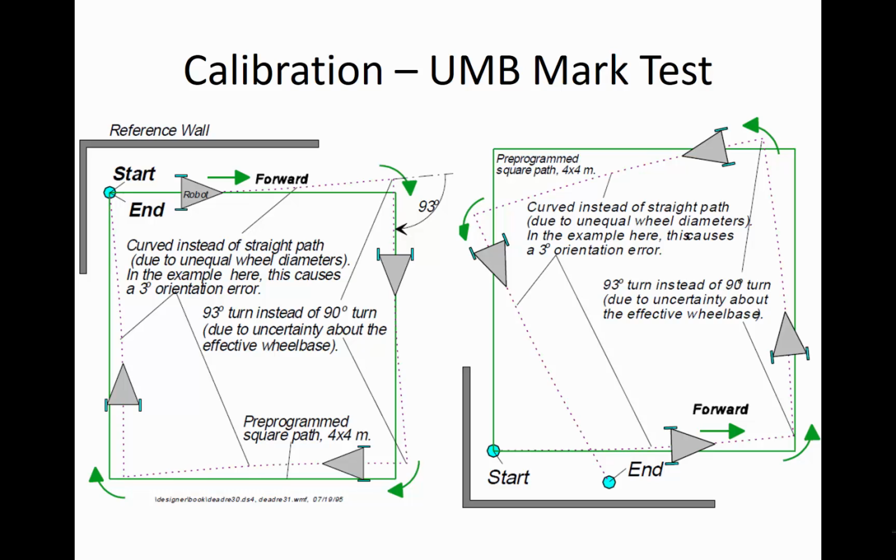And this might be an error due to the effective wheelbase. Our wheels were an inch thick, and where were we actually measuring on that? Well, we can use this to plug it back in and correct our effective wheelbase and say, well, if I made the effective wheelbase this, I would have turned at 93 degrees, which is what I've found has actually happened in reality.